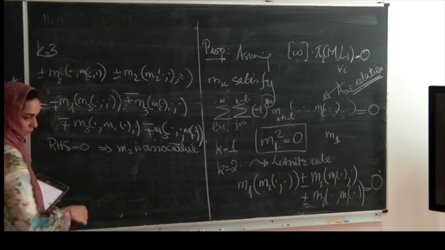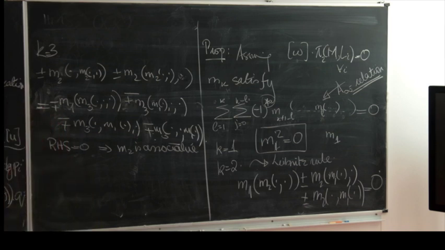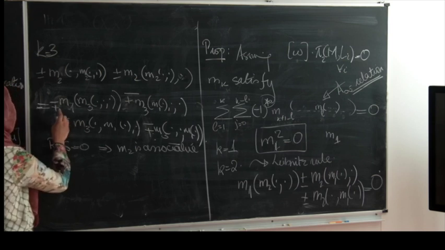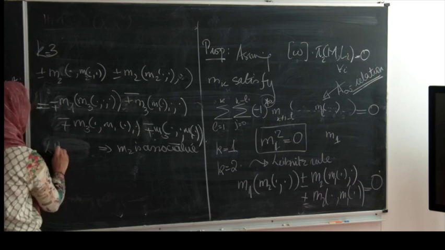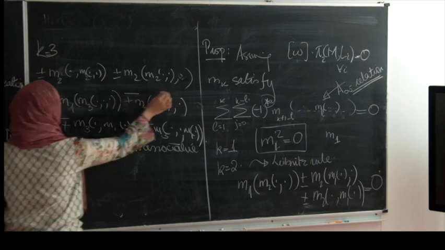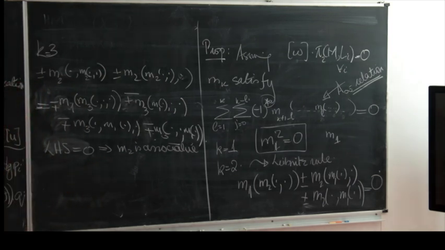So you know that this is associative. Oh, sorry, I should say left hand side is 0. So let's say the left hand side is 0. This means that this thing is equal to 0. You get that M2 is associative, okay?